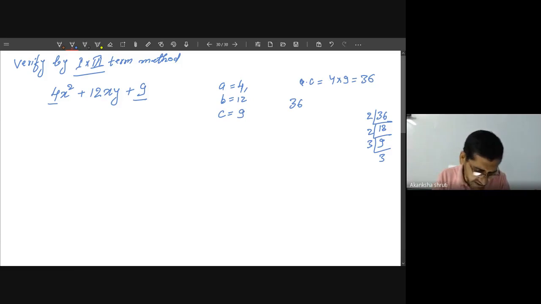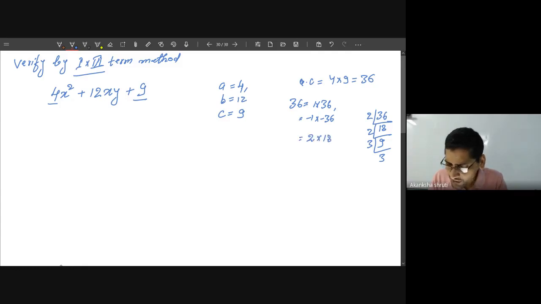Now, students, we need those factors. See, this 36 can be written in various forms. It can be written as 1 into 36 or minus 1 into minus 36. We can write 2 into 18 also, or minus 2 into minus 18.